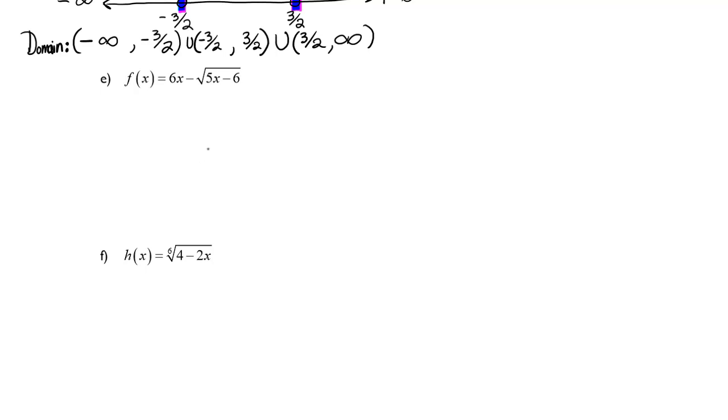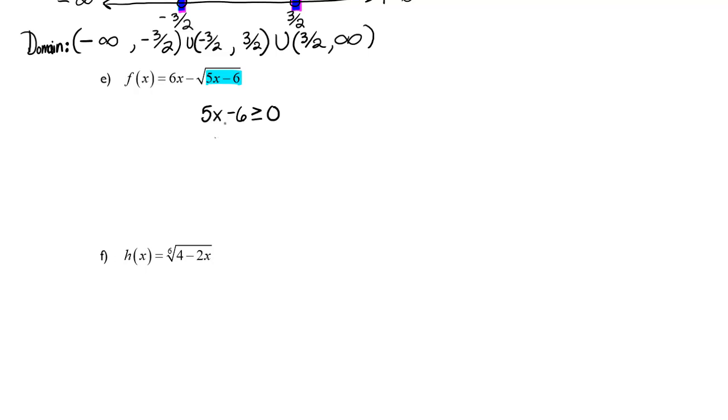To find the domain for radicals without just an x underneath, because we know they can't be less than 0, we actually have to set up an inequality where the radicand, I like to call it the guts of the radical, is greater than or equal to 0. Because remember, a 0 in a radical can exist as long as it's not in your denominator. And in this case, the radical is not in the denominator, and so that is not a problem.